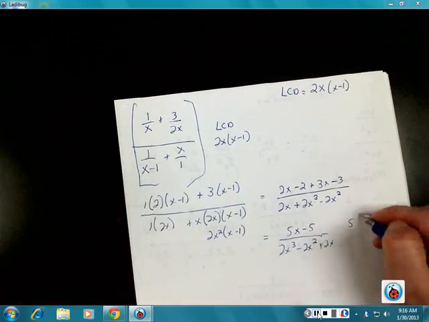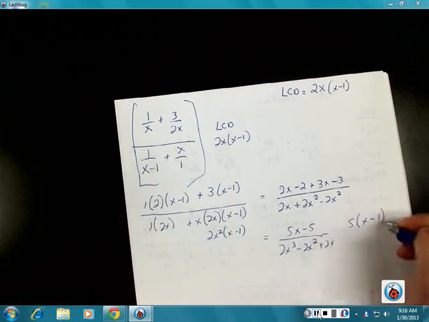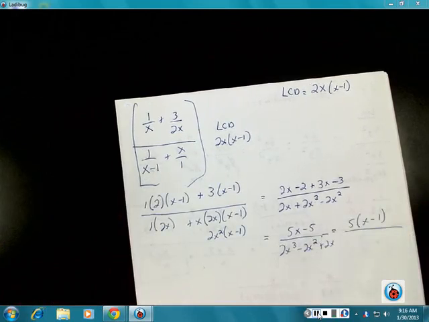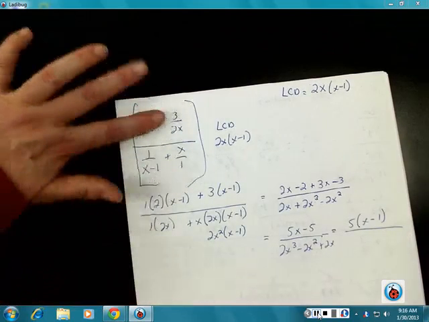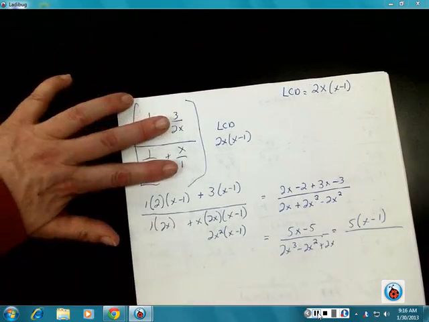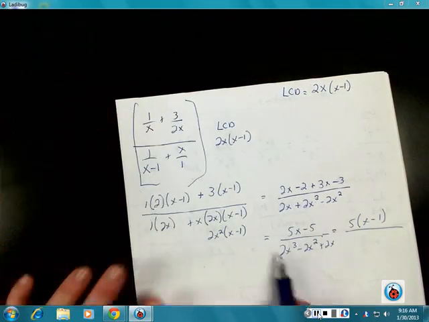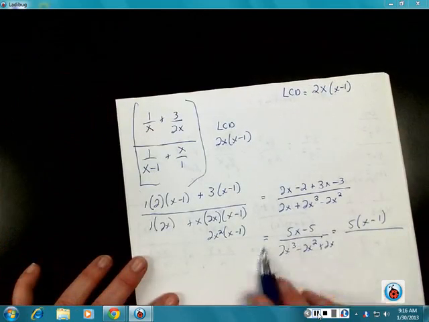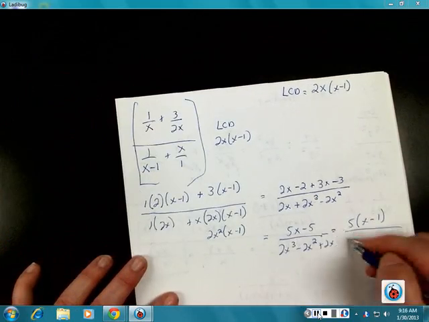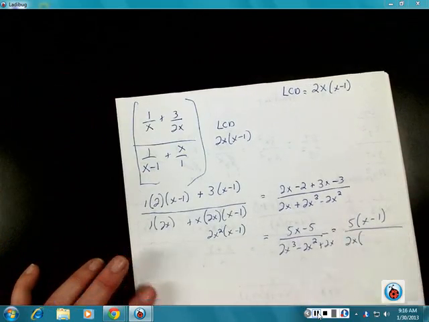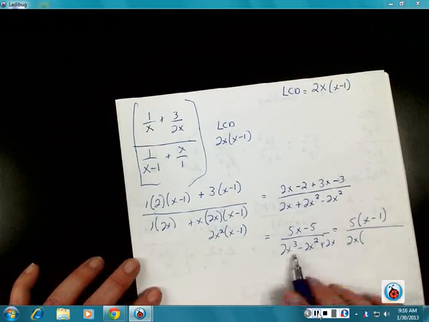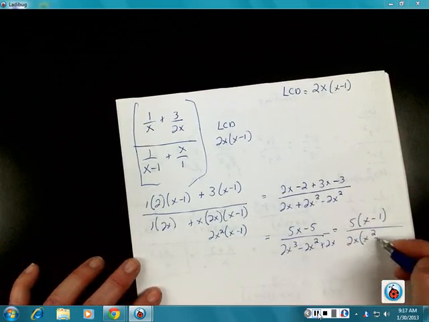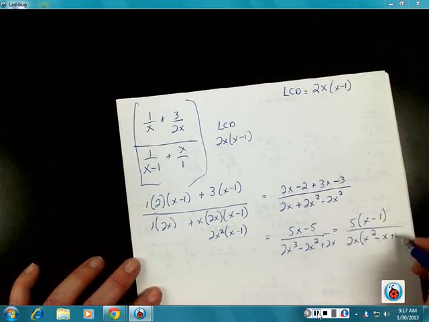A 5 gives me x minus 1. That's the only thing that if you go back and work with each one of these separately, you don't usually have a lot of factoring to do at the end, but these you still got factoring. What can I pull out of this part? A 2 and an x. And what does that leave me with? x squared minus x plus 1.